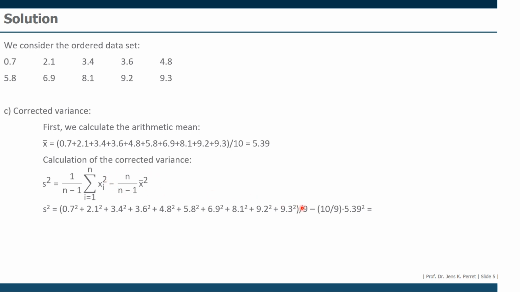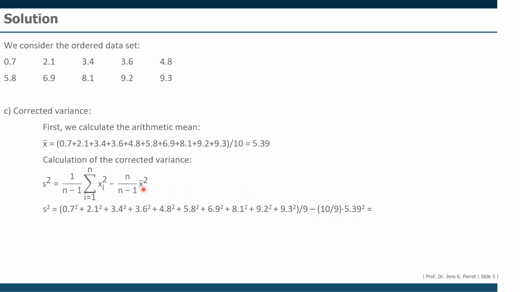So this is minus. Then I have n divided by n minus 1. And I have to do this correction here and that correction there, because I'm working with the corrected sample variance. If I would work with the uncorrected one, I would use n here and would leave this totally out. Well, that was the correction factor here.